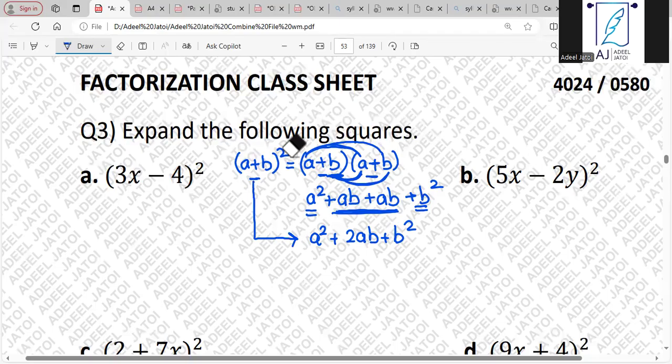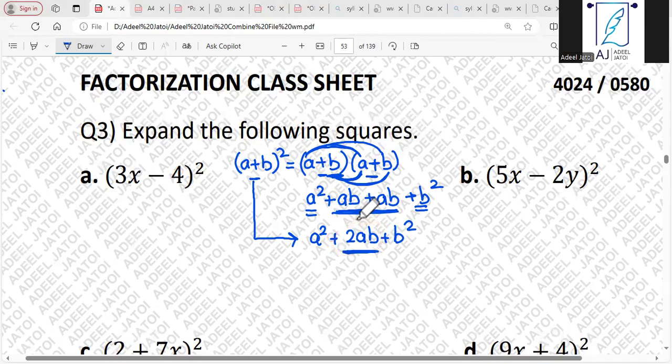We just need to keep in mind that there is a 2ab in between. If there is a plus in between, this formula will have plus as well. But remember, the 2ab should always be in between. So the formula is very easy: a square, b square in the first and the end, 2ab in the middle.